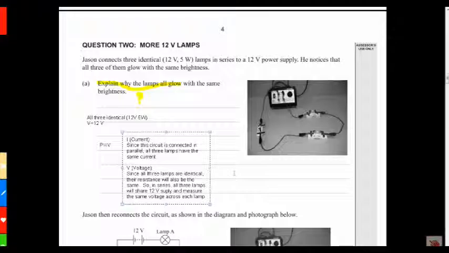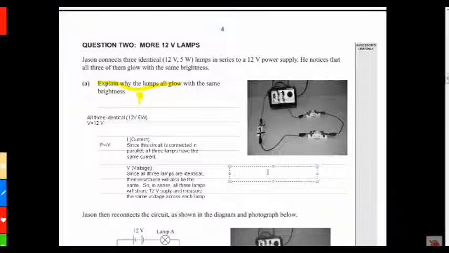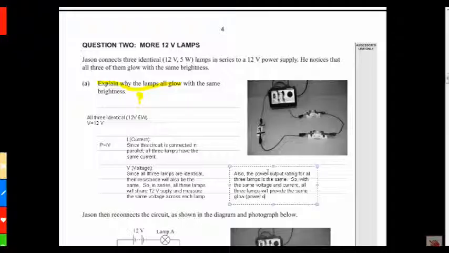Now we can possibly go ahead and finally answer the question completely and say also the power output rating for all 3 lamps is the same. So with the same voltage and current, all 3 lamps will provide the same glow, which is power output.